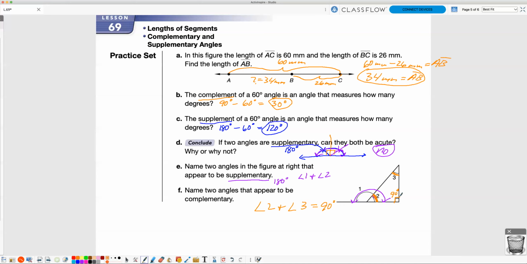So if this one is clearly a 90-degree angle, these two have to add up to 90 degrees. There you go. So there is your lesson.